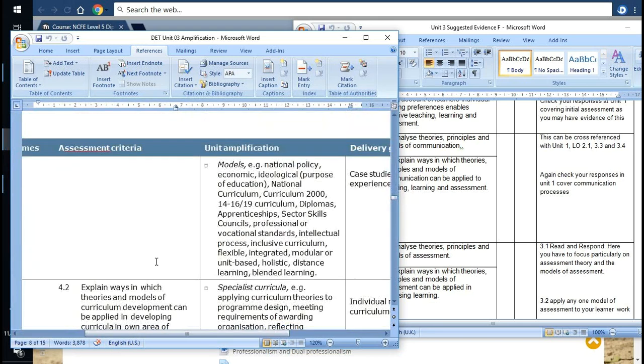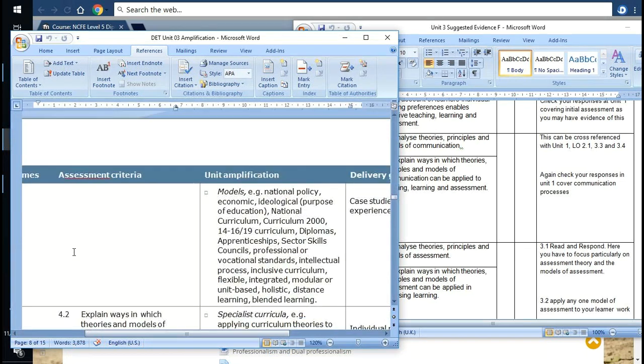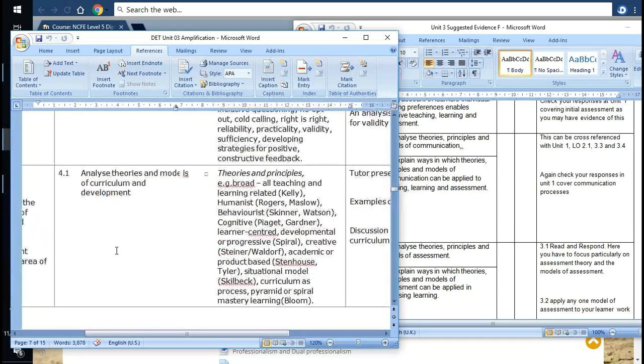The point 1 of each one, apart from unit 1, LO 1, which is slightly different, the rest of them, look on the first part as your analysis of a bunch of these guys. You can read and mention what they do and whether you agree or what you think about it. Just a few words on that as well.